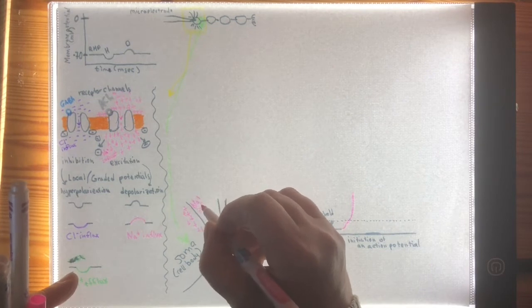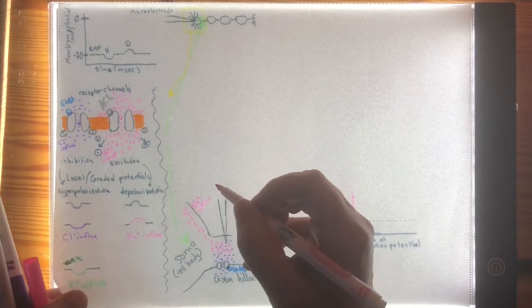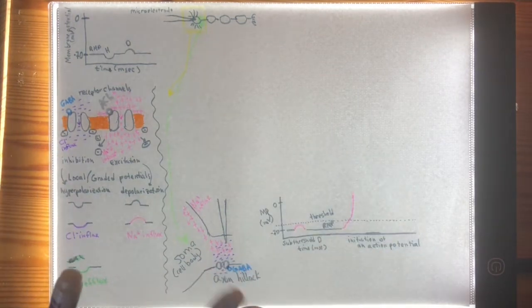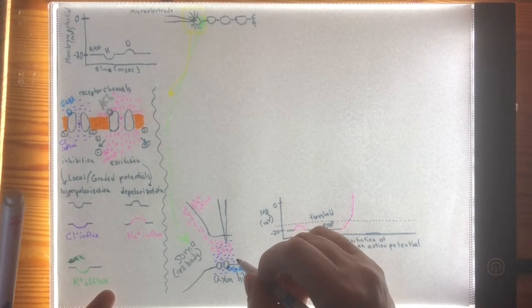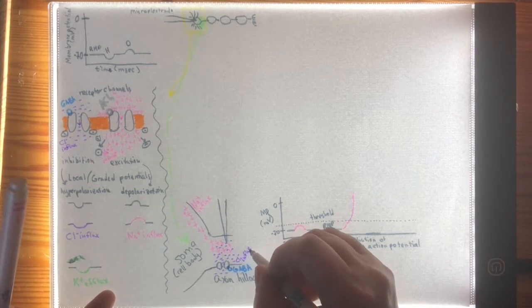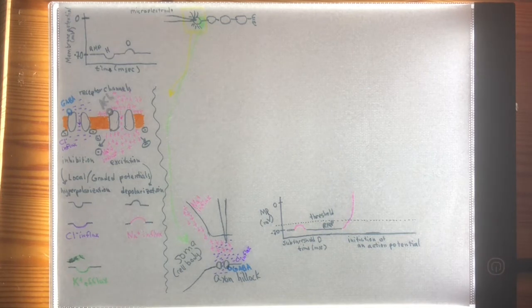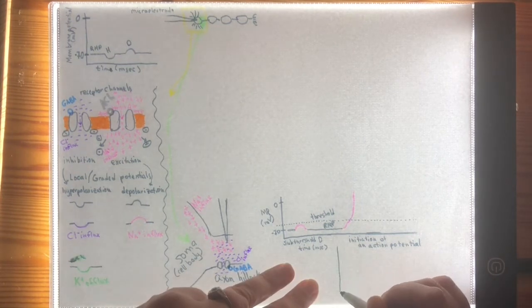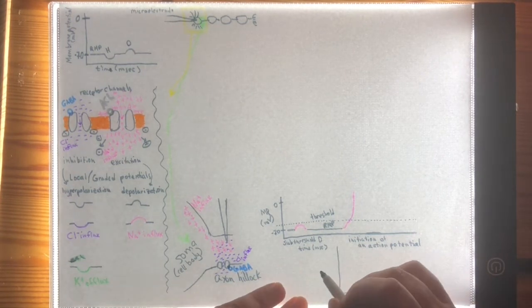Now, we have this sodium influx, these positively charged ions, way up at the dendrite, the soma, further away. So this inhibitory connection with the chloride ion influx and the GABA channel allows for a very specific type of inhibition right at the source.